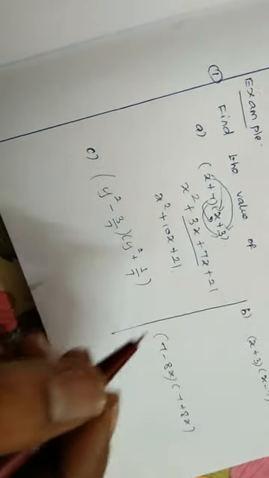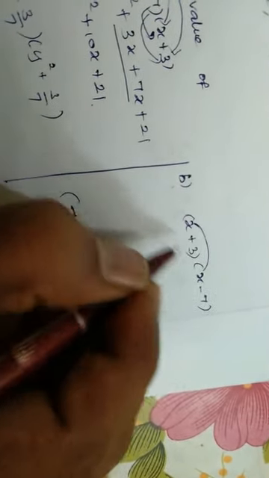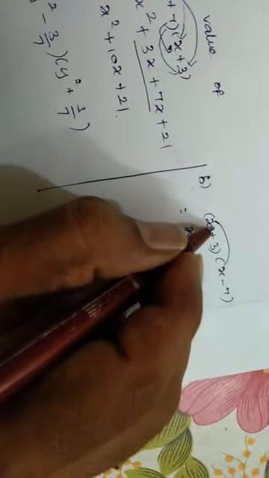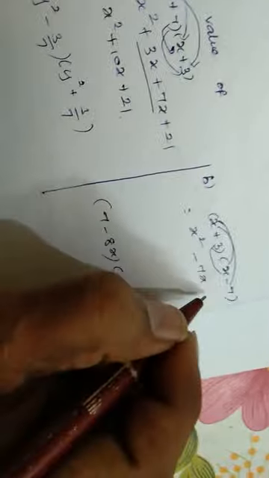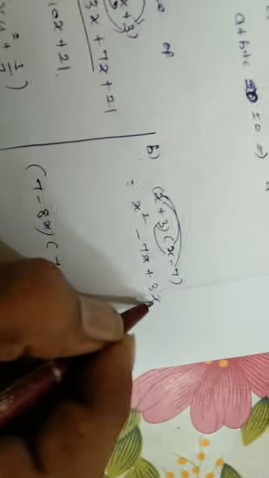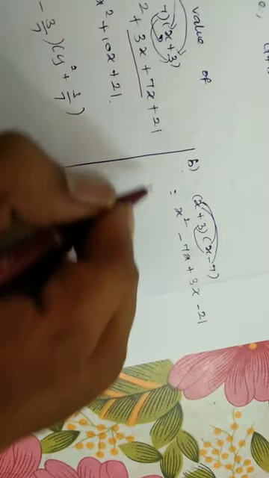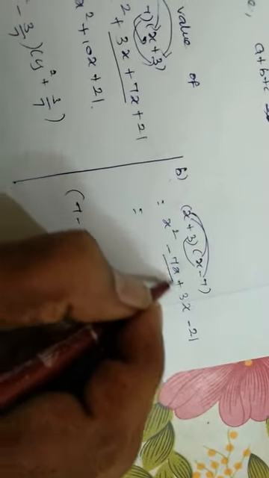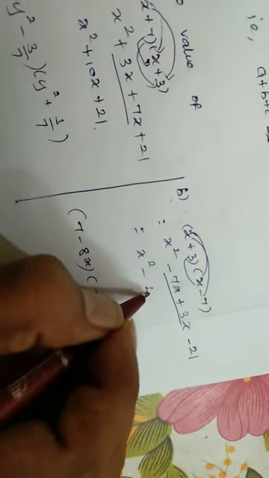This is the answer. Similarly, here (x + 3)(x − 7): x into x, x square, x into minus 7, so minus 7x, plus 3 into x, 3x, plus 3 into minus 7, minus 21. Now add like terms, minus 7 plus 3, so minus 4. So x square minus 4x minus 21, right?